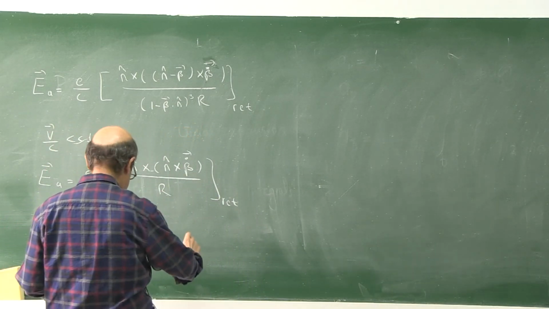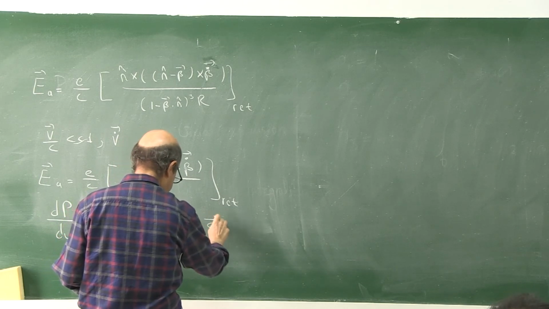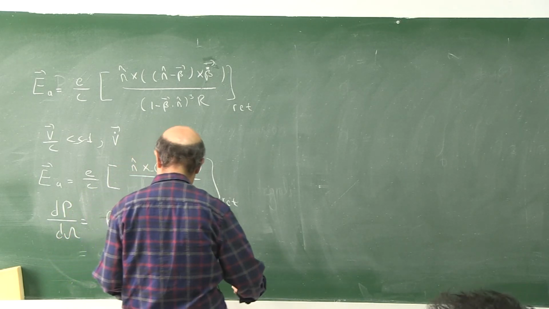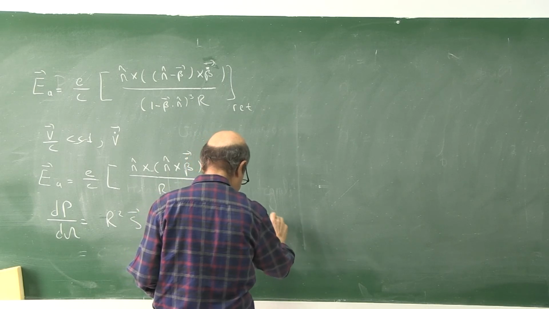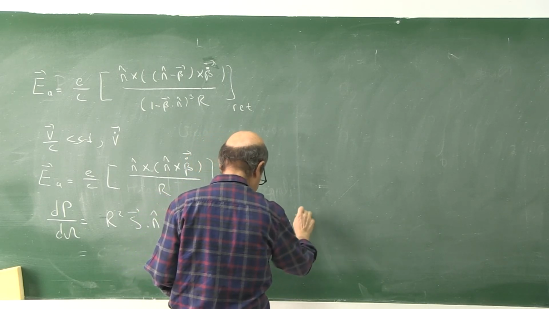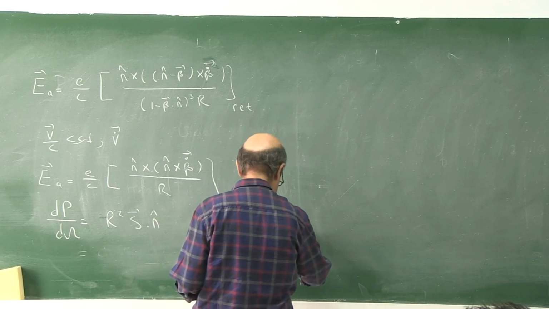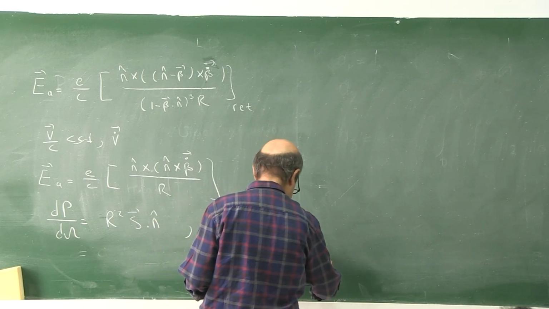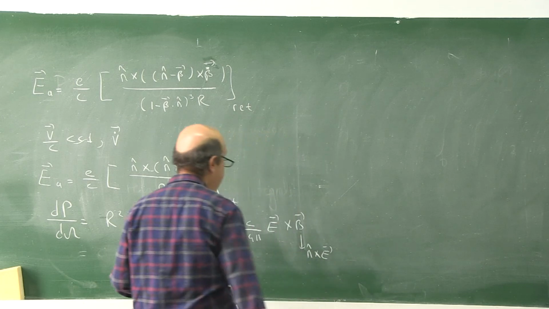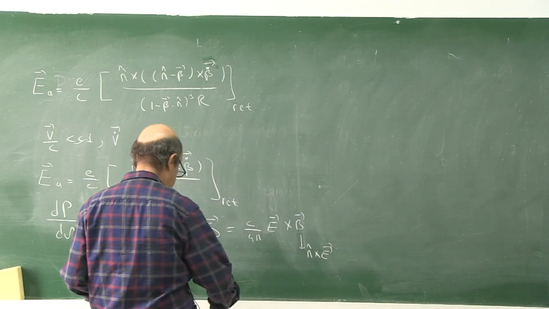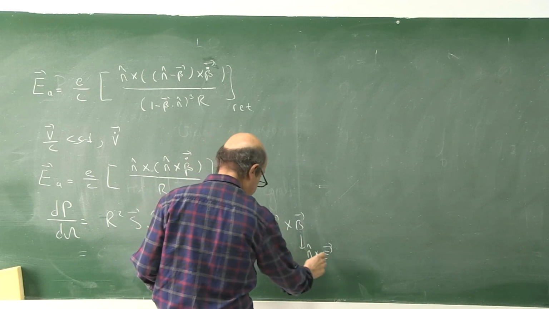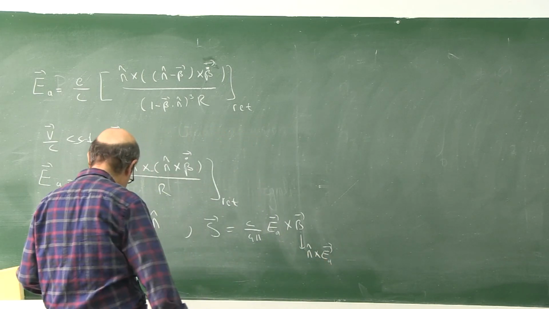And we said that the Poynting vector is c over 4 pi E cross B, and B is n cross E, where E is the electric field of the accelerated charge.